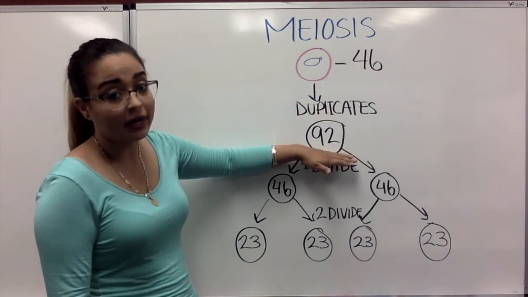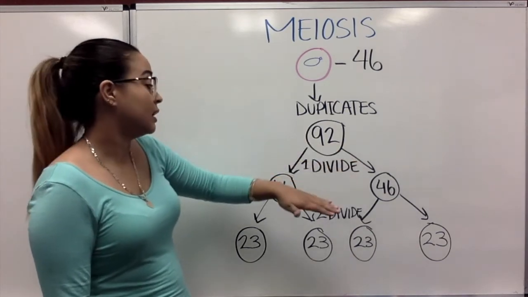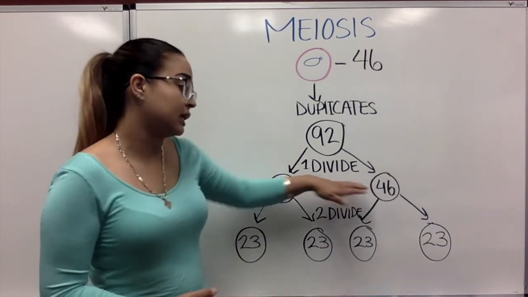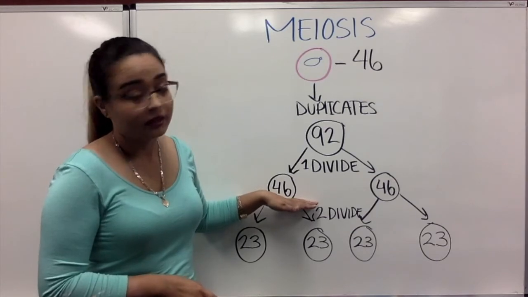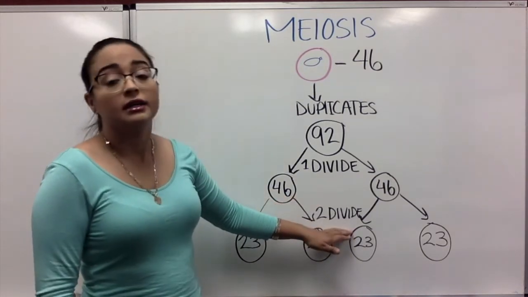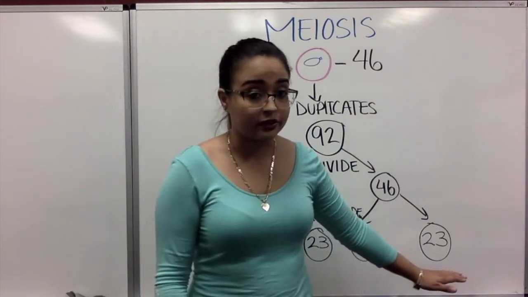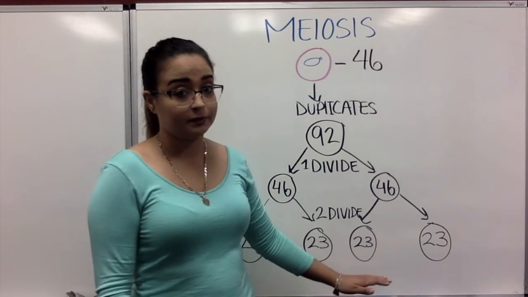We are now at 92 chromosomes. Then it divides once, and we have 2 cells with 46 chromosomes, but it doesn't stay there. Then we have a second division, and we are left with 4 cells with 23 chromosomes each.